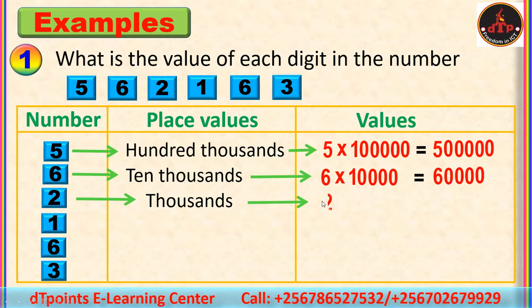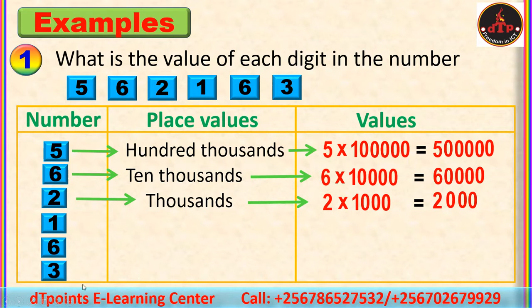We shall say 2 times 1,000. What do we get? We get 2,000. The value of 2, therefore, is 2,000. And remember, it is the place value which has enabled us to calculate the value of 2.